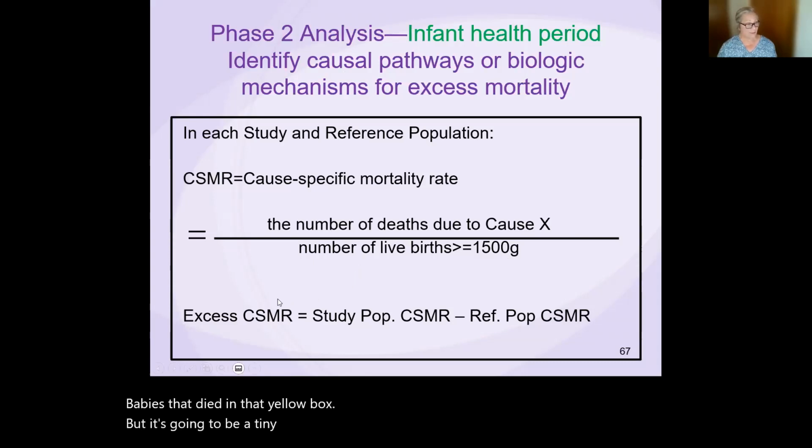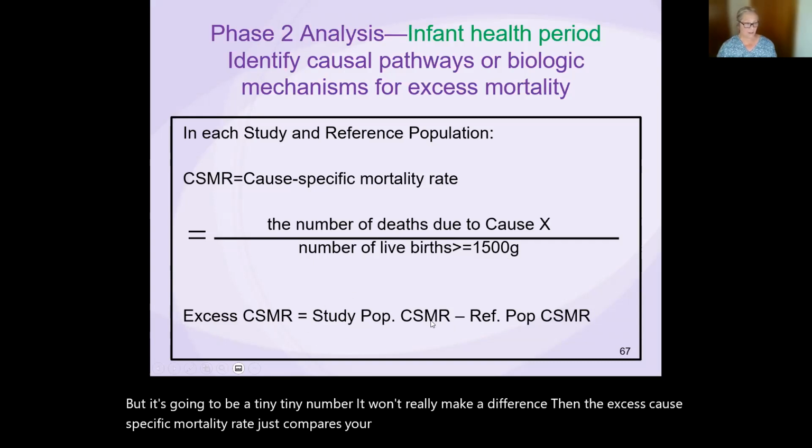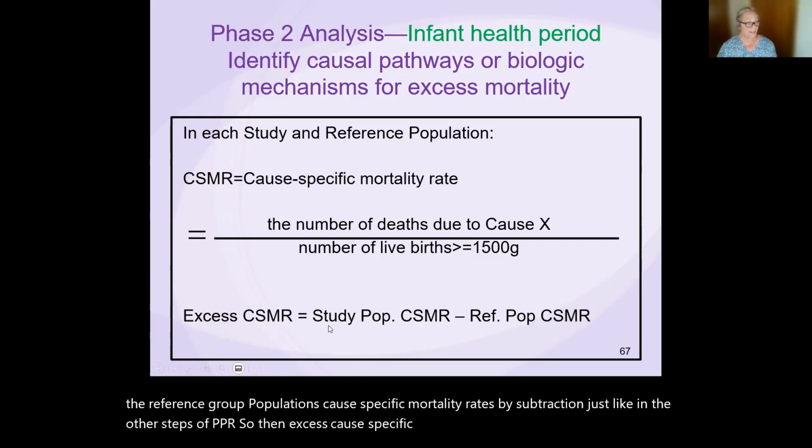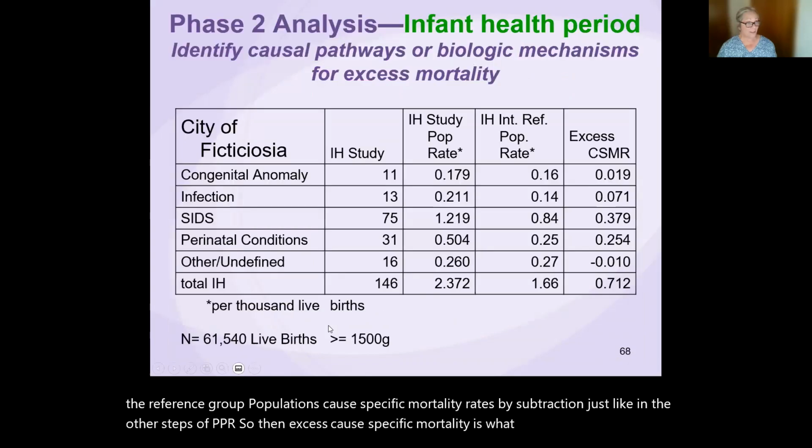It won't really make a difference. Then the excess cause-specific mortality rate just compares your study population's cause-specific mortality rates to the reference group population's cause-specific mortality rates by subtraction, just like in the other steps of PPOR. So that excess cause-specific mortality is what we want to look at. That's the real answer that we've got.